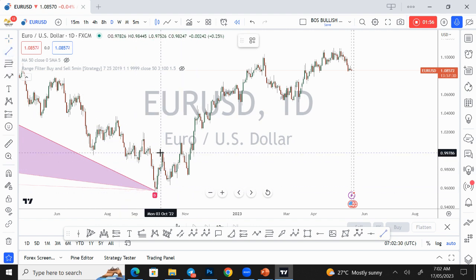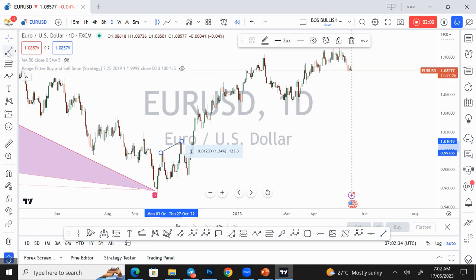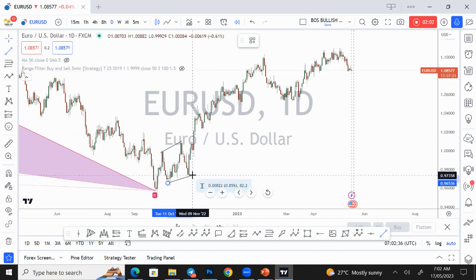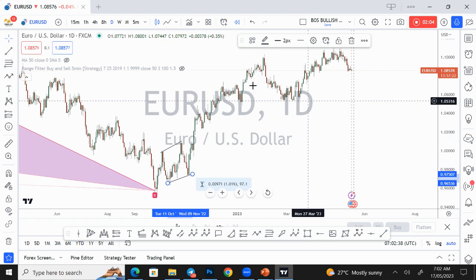So we had a running flat correction over here. Then we had another.